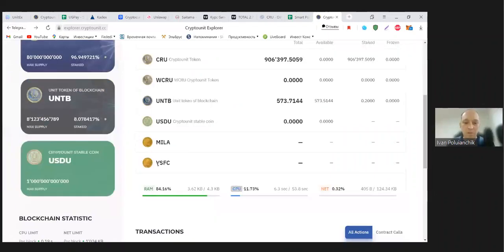So Mila NFT, they are business account tokens. To open a business account, sorry, we lost him once again.